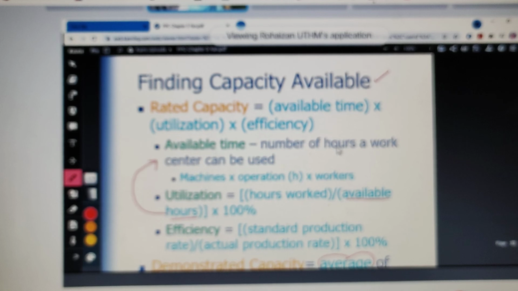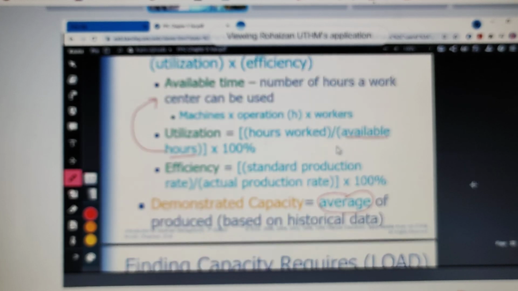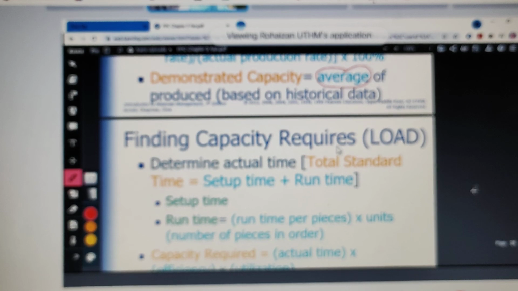Okay, then we know our current situation on capacity. Now we need to find the capacity required, meaning what we want. This is what we call load.